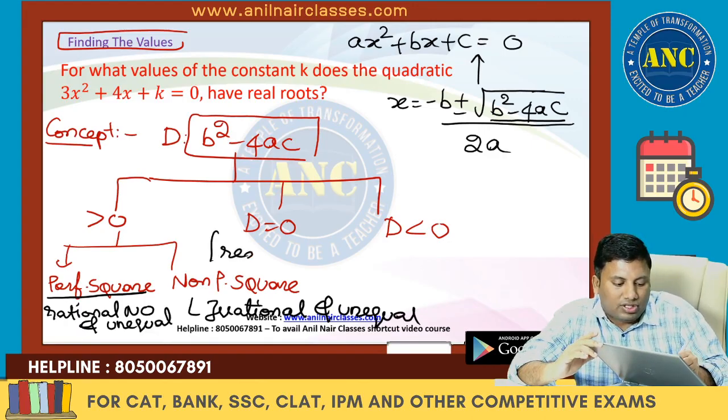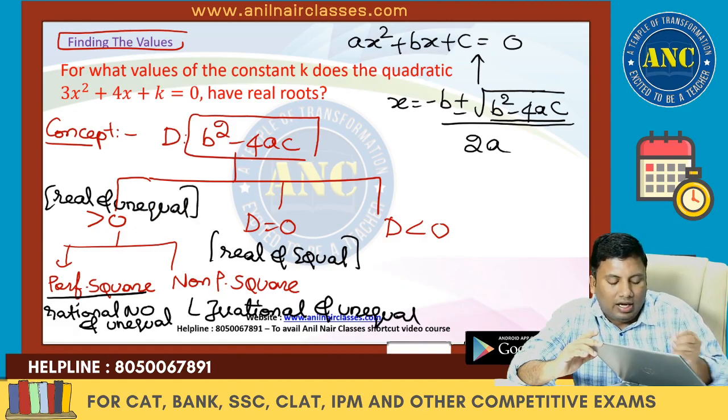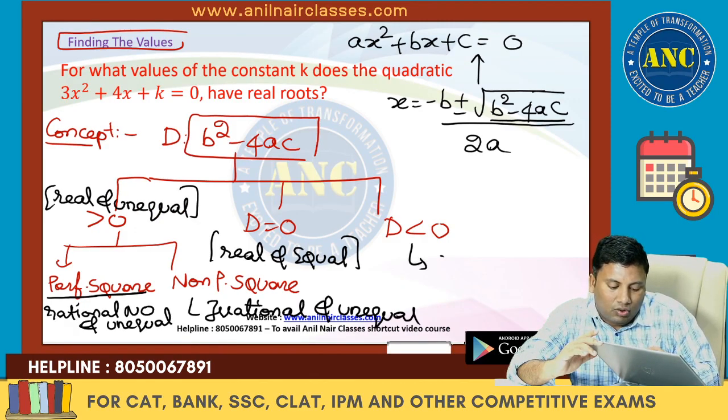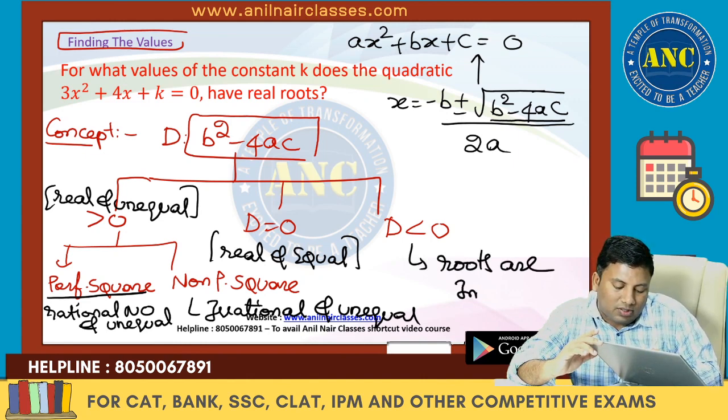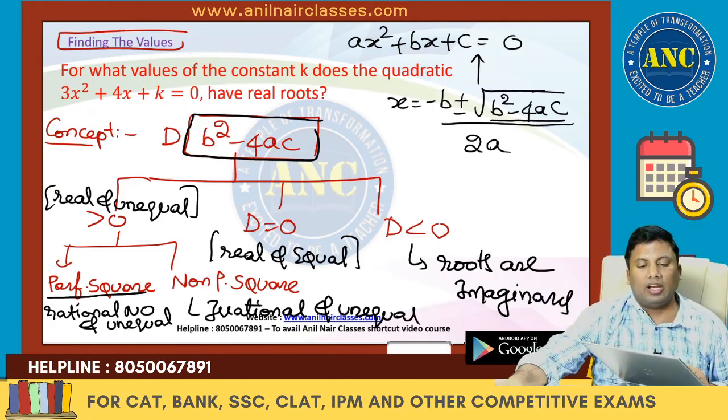Here the roots are real and equal. Greater than 0 means it will be real and unequal. D less than 0 means roots are imaginary. All the problems we are solving right now are based on the discriminant of the quadratic equation, b square minus 4ac.